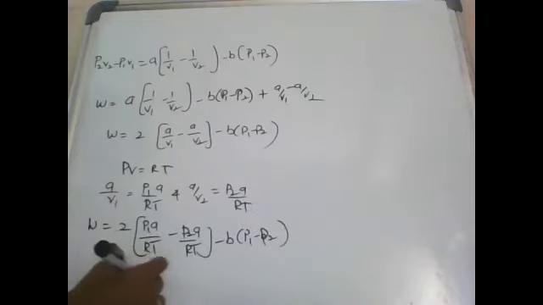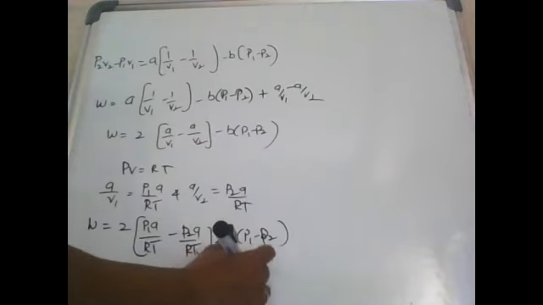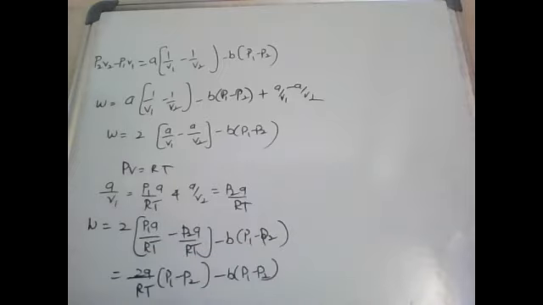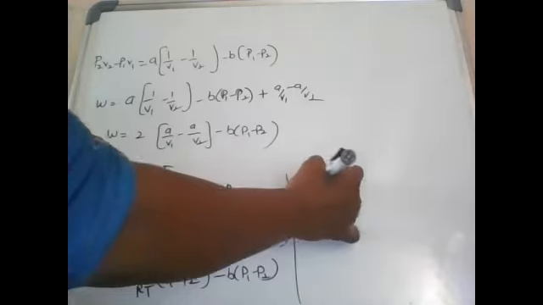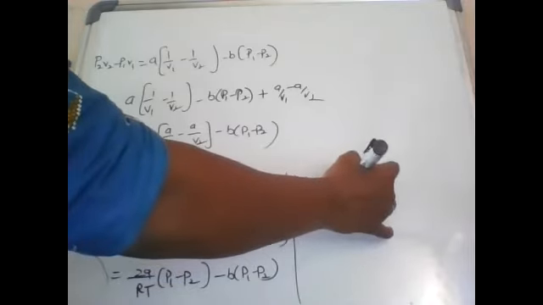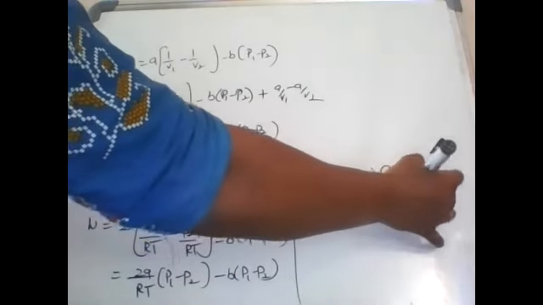So 2A by RT into (P1 minus P2) minus B into (P1 minus P2). W equals (P1 minus P2) into (2A by RT minus B).